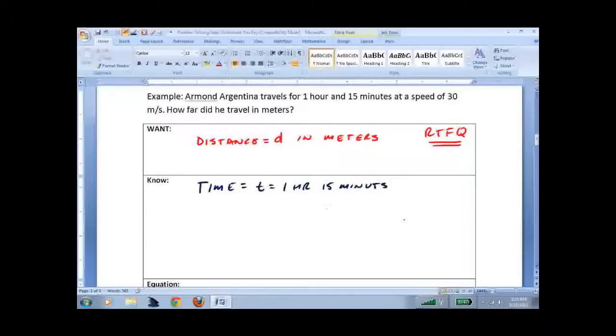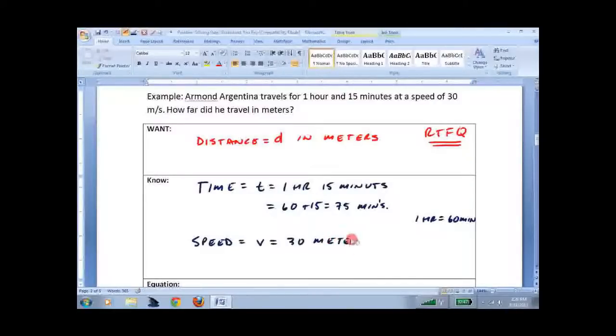And since 1 hour equals 60 minutes, I know that's also 60 plus 15. So I'll just write that down now. I also know that he had a speed, which is also called velocity, of 30 meters per second.